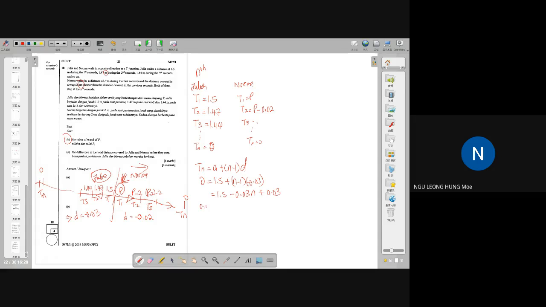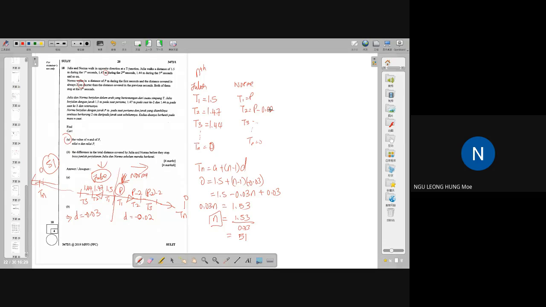So 0.03 n equal to 1.53. So n equal to 1.53 over 0.03, if you press on the calculator, we'll get how much, Ivy? 1.53 divided 0.03. What is the value of n? 51. Bagus. That means sampailah ke 51, Julian akan berhenti.